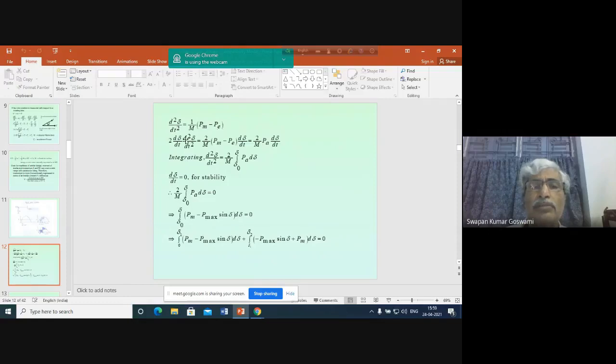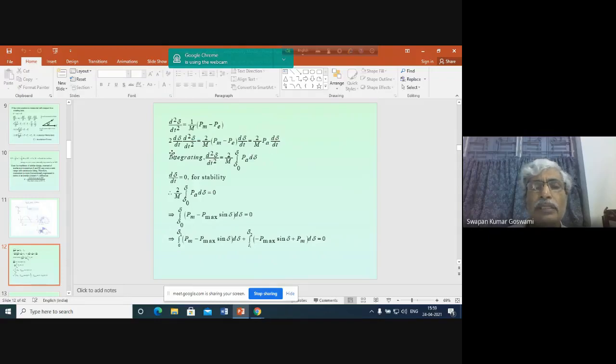For integration, let us multiply both sides by 2 d delta dt. So it is 2 d delta dt times d2 delta dt2 equal to 2 by M into Pm minus Pe, which means the accelerating power Pa, times d delta dt.